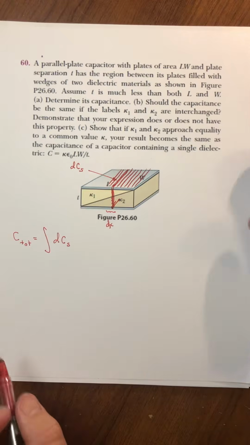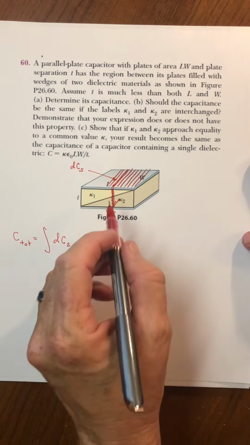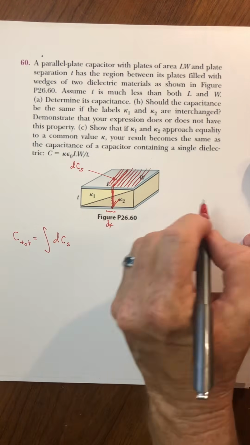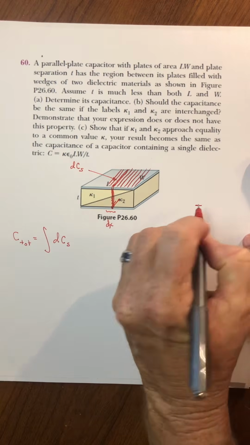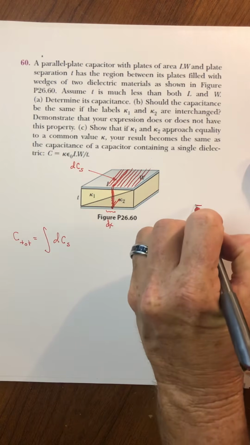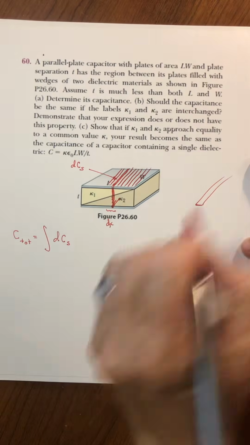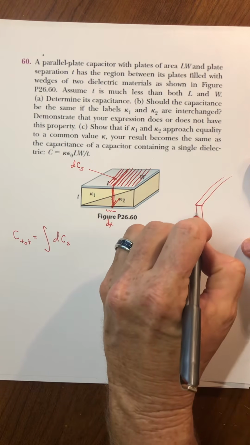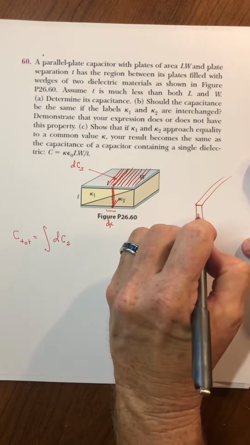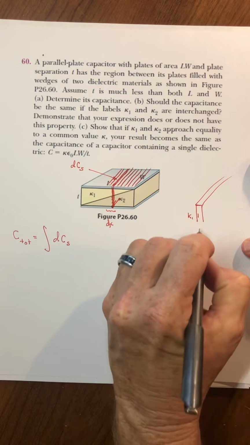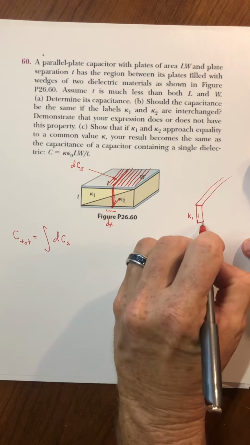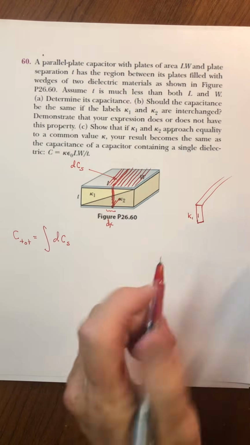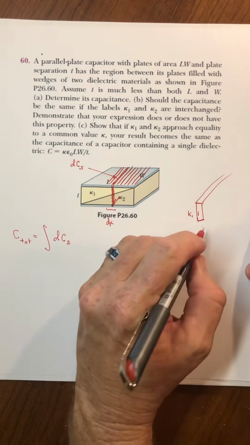Because then, if you look at one of these microscopic strips, and maybe I'll just do kind of a little, well, I was going to say cross-section, but maybe I'll kind of make it go back into the board there. Because it has some material of kappa 1 for a little bit. And I know it has a little wedge to it, but if it's microscopically thin, that's pretty much a straight line.